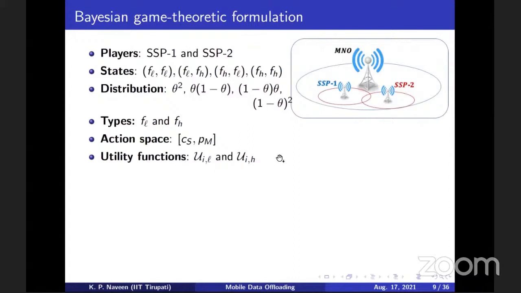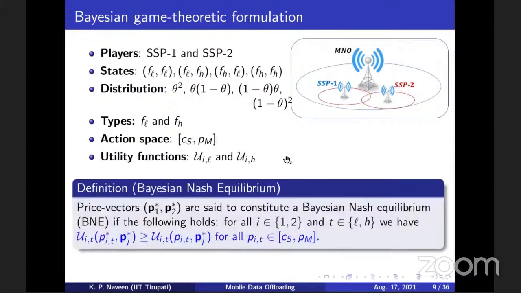Right. So once we have all these ingredients in place, we can go ahead and define something known as the Bayesian Nash equilibrium. This is exactly like the Nash equilibrium, but we have this Bayesian setting because of these different types.